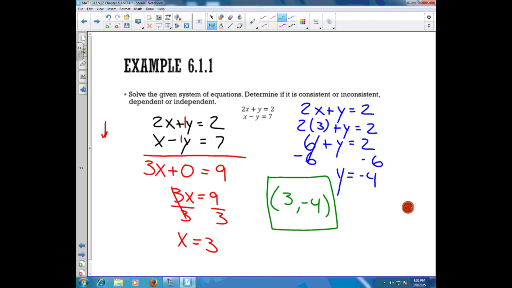That's how you should input your solution. So because we have one unique solution, the system is consistent. And because the solution is unique, it's independent.